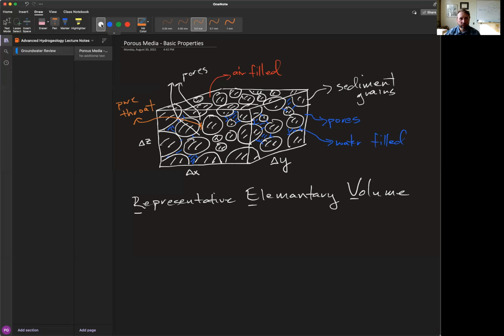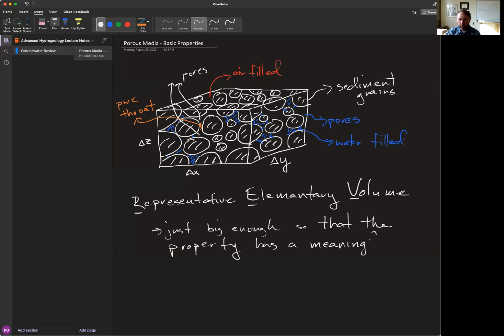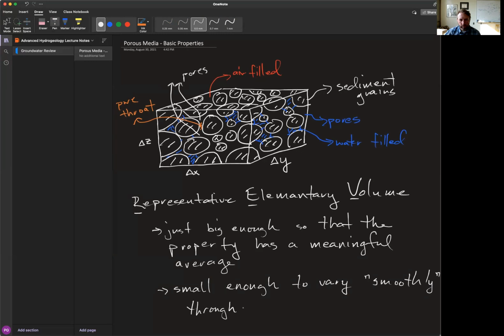And remember, we're talking about a representative elementary volume, which is just big enough so that the property we're interested in has a meaningful average, and small enough to vary, I'm going to say roughly smoothly, through space.